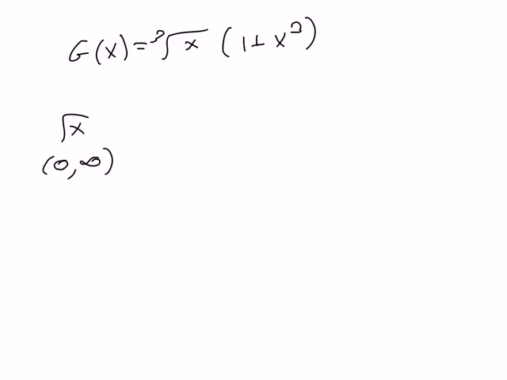Because the square root of x takes a number and asks us what number, if I multiply that number by itself, I'm going to get x, right?